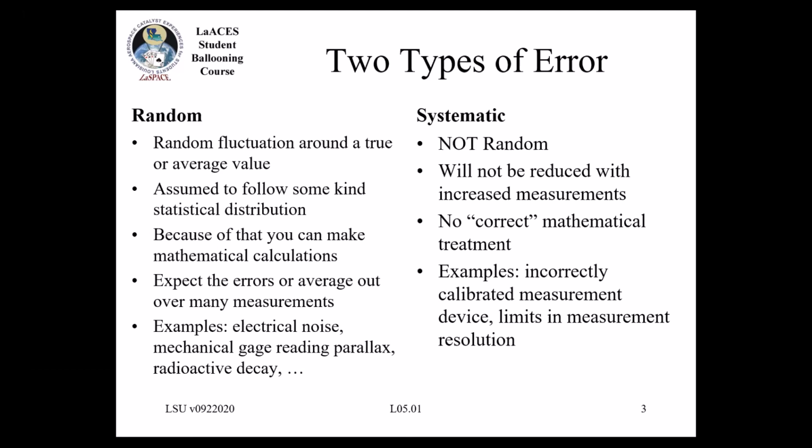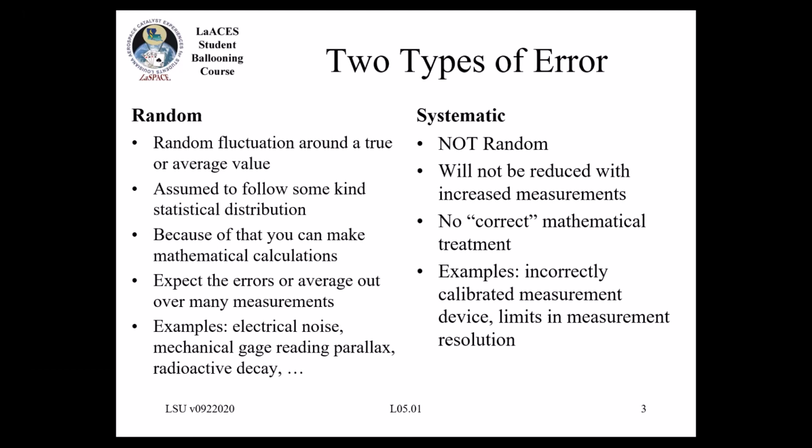If some people slightly have their heads to the right or the left, they're going to read slightly different numbers. And because you don't expect everyone always to the right and always reads it high, or everyone always to the left and reads it low, you expect whatever that error is to be random.